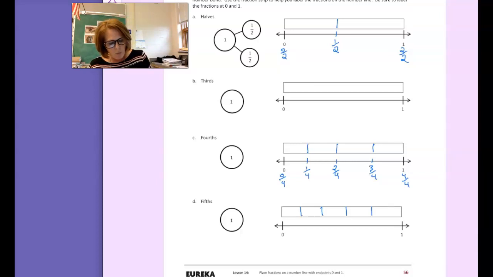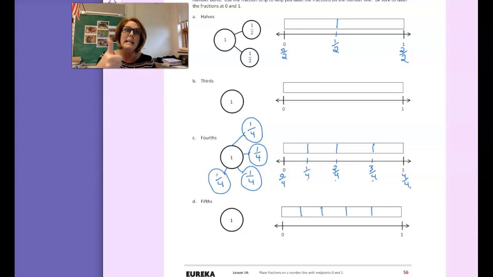So we have 1, 2, 3, 4 fourths that need to go in our number bond. 1/4, 1/4, 1/4, and 1/4. Oh my goodness, boys and girls. If you caught that, yay for you.